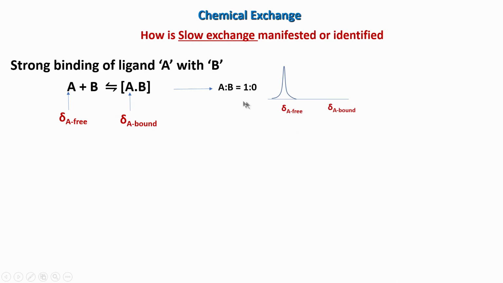Let us say initially no protein is added and only ligand is present. In that case only the peak of the ligand will come, there is no bound form because there is no protein being added. In such a case the ligand will have a particular free value.